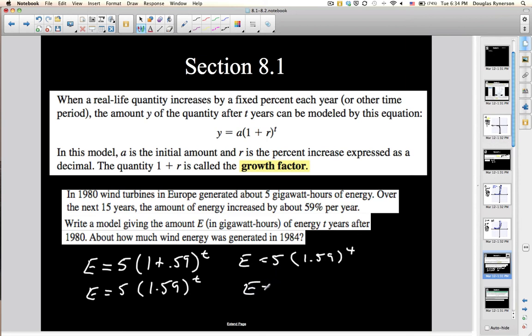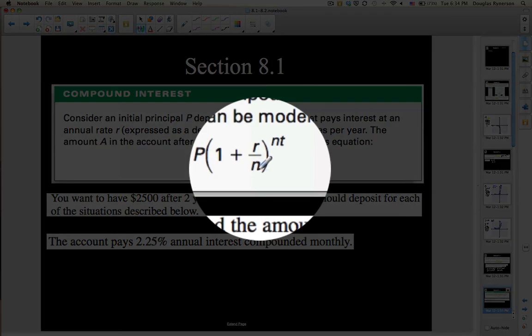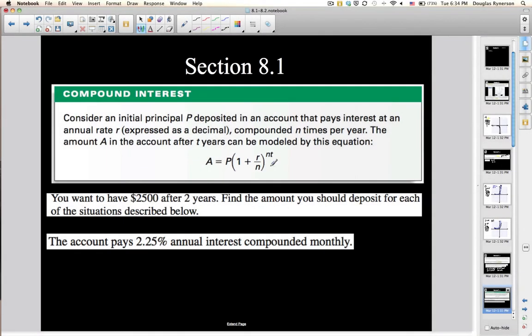And in this case, the energy is going to be 31.96. So in 1980, 5 gigawatt hours of energy. In 1984, 31.96.